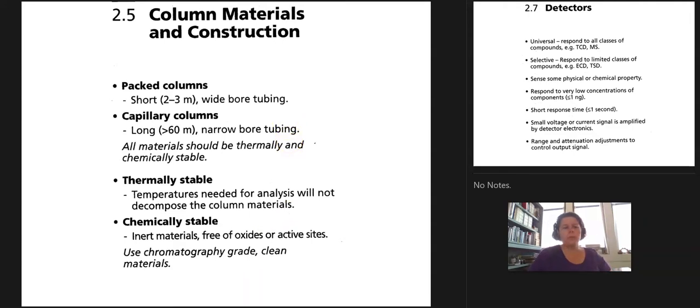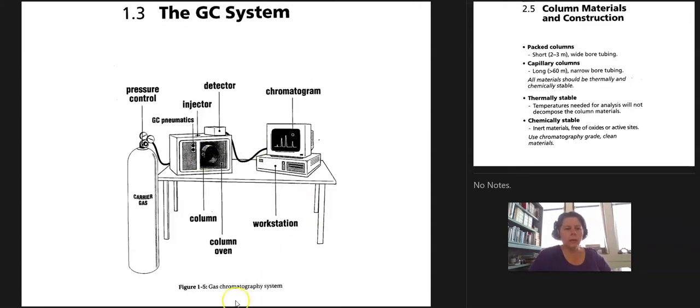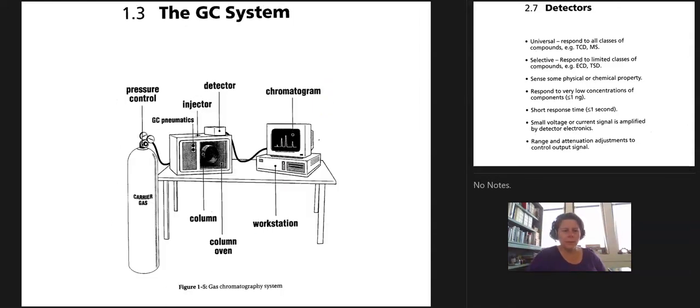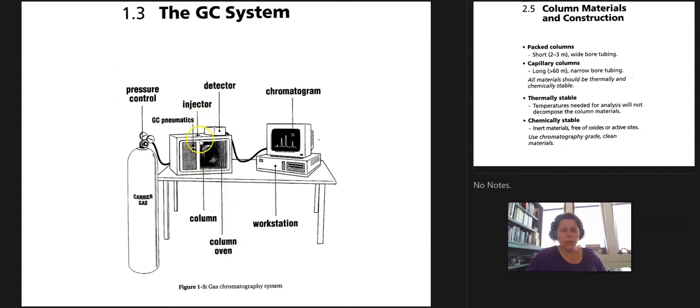The first thing we're going to talk about is this column that's inside of there. You have this injector, and you inject into an injection phase here, usually about 1 microliter, something like that, into the system. There's a little oven, and it heats up.